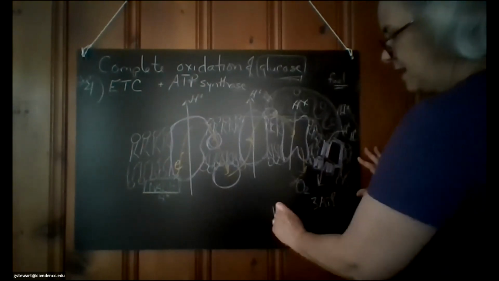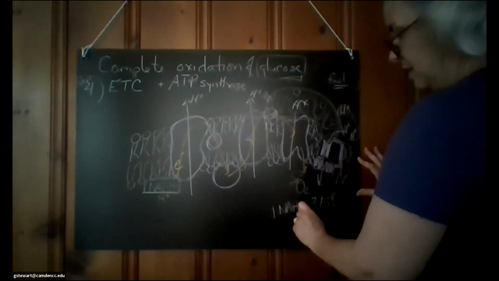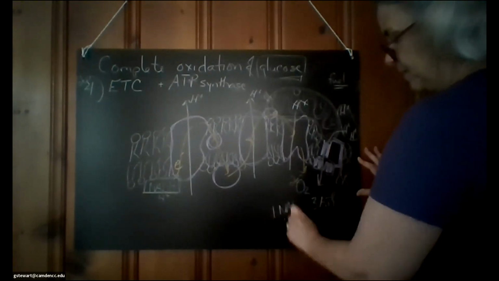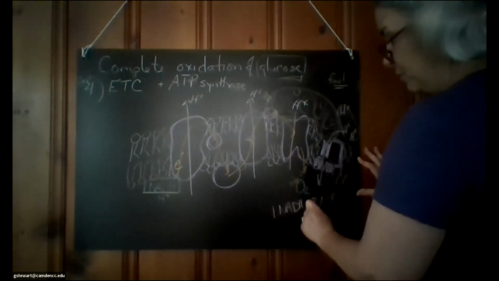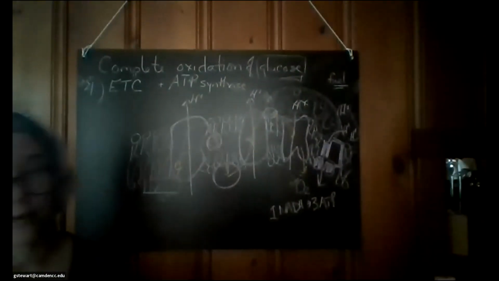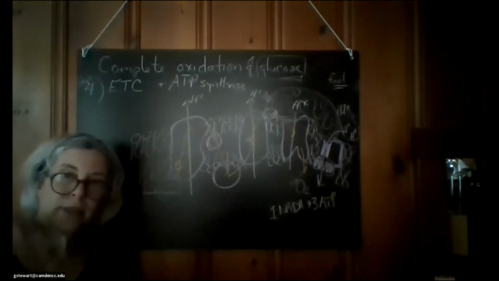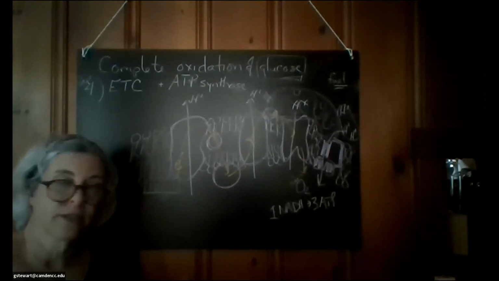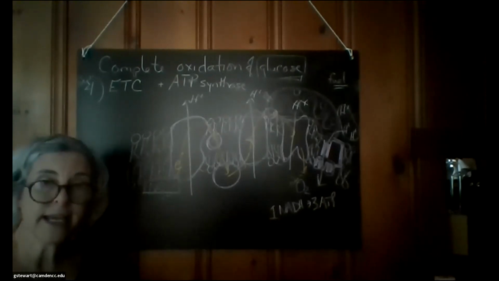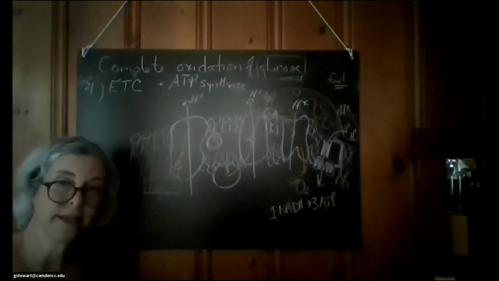So one NADH produces approximately 3 ATP. And again, that's approximate. It's not actually 3, it's less than 3, but that's too much math to try to calculate. So we're just going to say one NADH is going to produce 3 ATP.